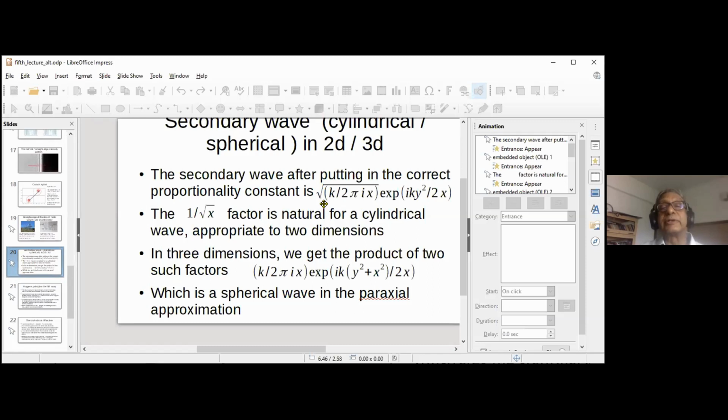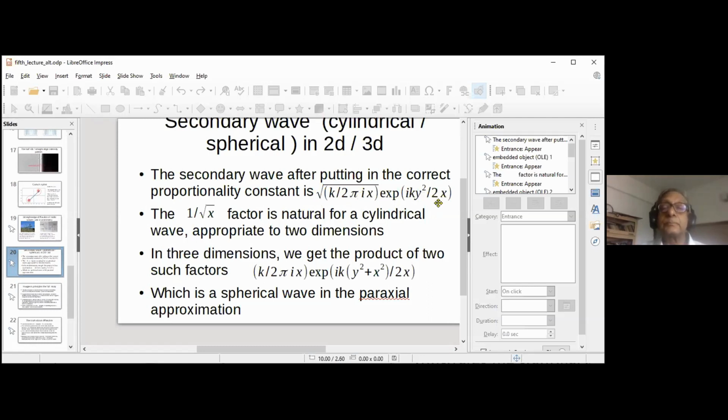If you do the algebra, which is not very difficult, with the proper constant, we get square root of k divided by 2 pi ix, exponential iky squared over 2x. So this has to be multiplied by the electric field at any point y on the wavefront and integrated with respect to y, and that will give you the electric field at the point P, which is a distance x in front of the wavefront.